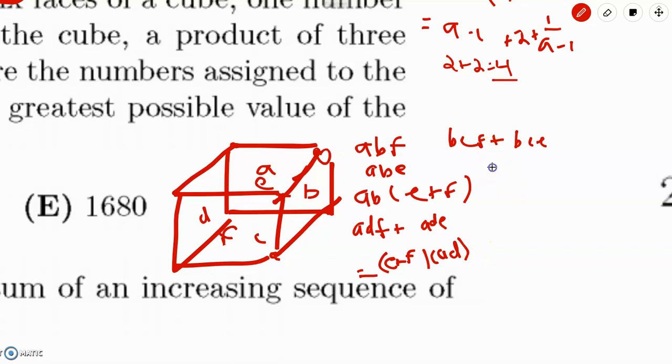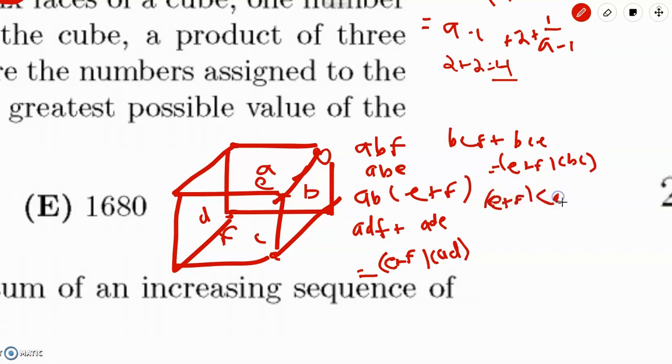So this is equal to E plus F times BC. And notice how I'm factoring out the E plus F in all of these. And then the ones at the bottom left is equal to CDF plus CDE, that's equal to E plus F times CD.